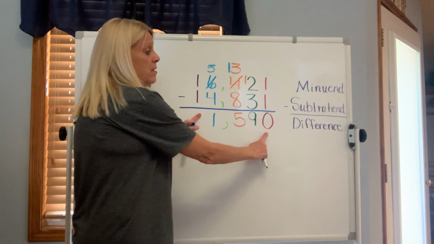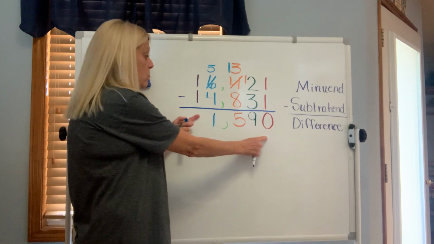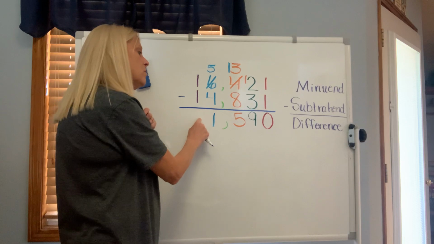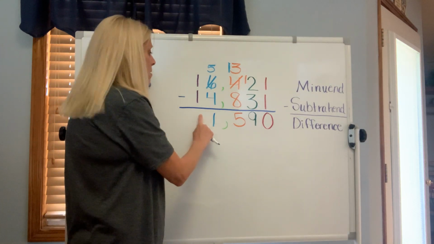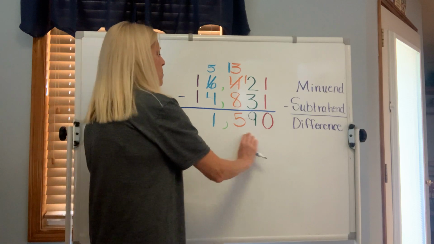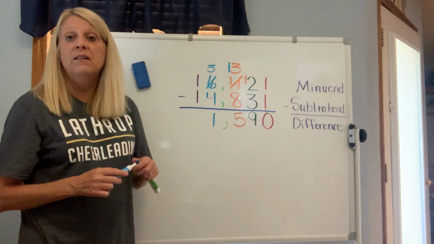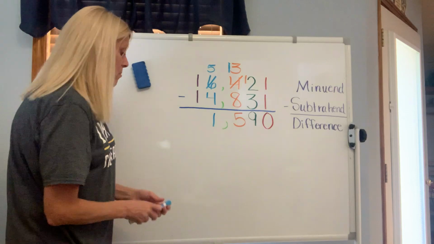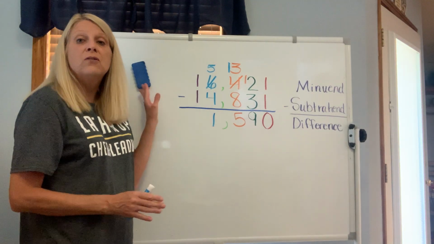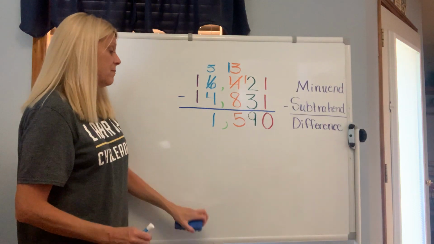Now, we could put the 0 over here as a placeholder, but we don't need a 0 here because we do not want to begin a number with a 0. So we'll just forget about that. We'll leave the number 1,590.